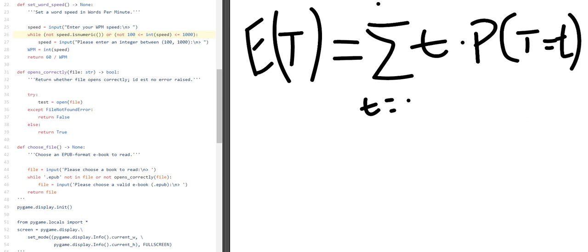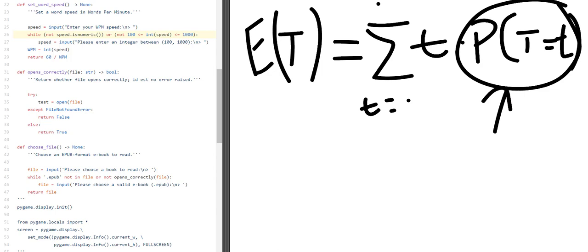So this is the expected value of the running time, and we need to know how the probability distribution looks to understand this probability that T equals t, right? We would usually be given that in the question, or we would have to make some assumptions for that.